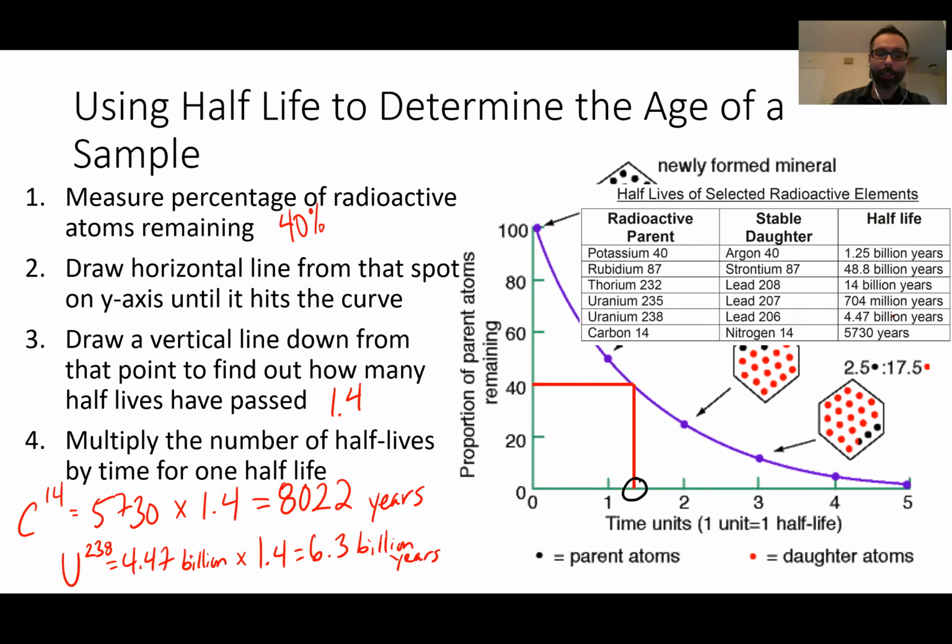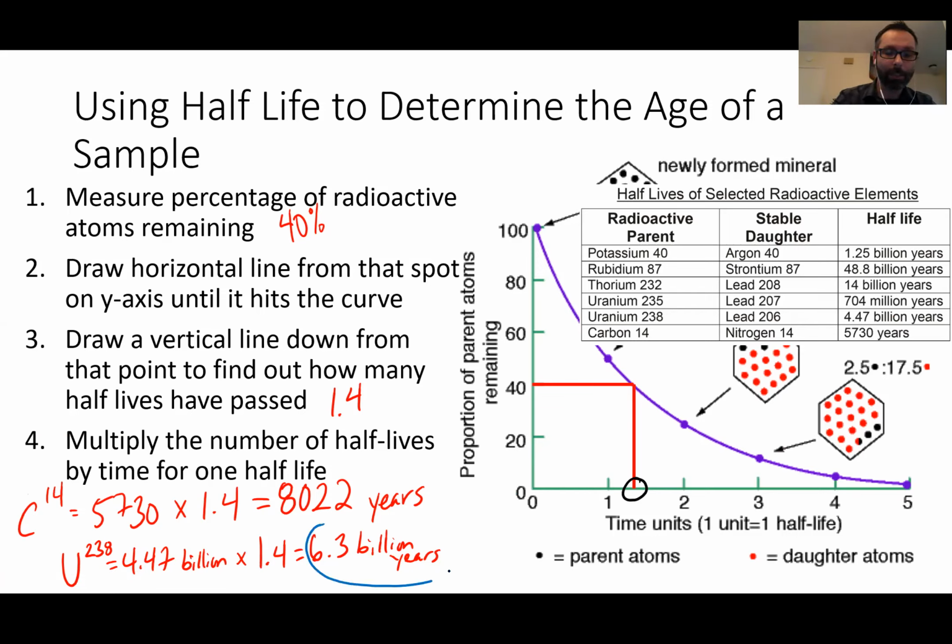But what if this was actually a rock that was made out of uranium or had uranium in it? Uranium has a much different half-life, 4.47 billion. But again, the measurement over here just tells you how many half-lives. So we're going with that same 1.4 half-lives.